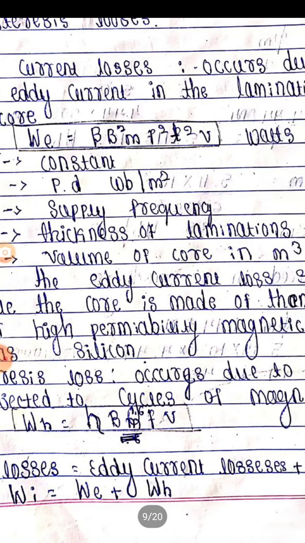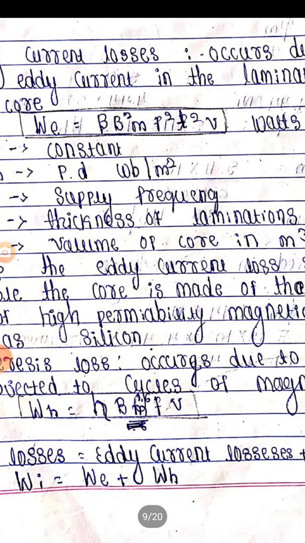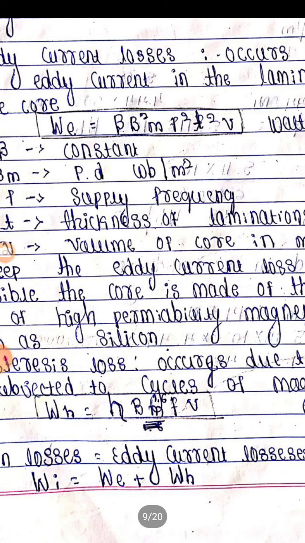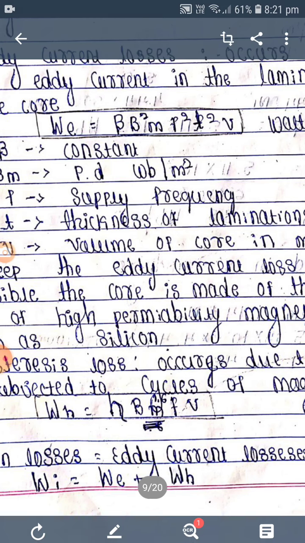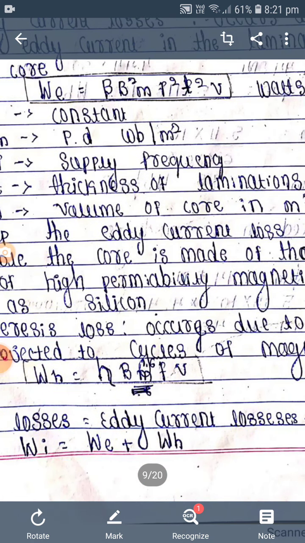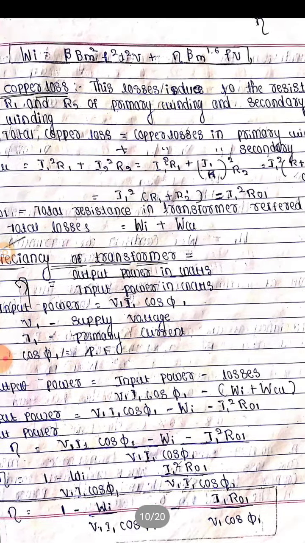Then the next loss is hysteresis loss. This occurs due to the cycles of magnetization and demagnetization. This hysteresis loss is calculated by one empirical formula. WH is equal to eta into Bm square F into V. So the total iron loss is the summation of eddy current loss and hysteresis loss, that is Wi is equal to We plus WH.